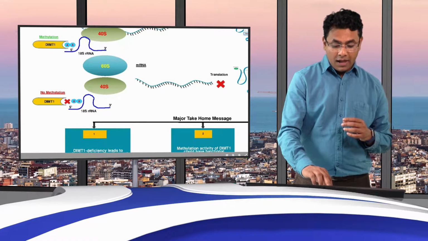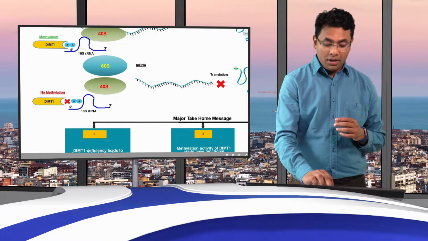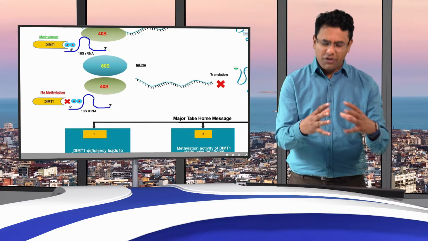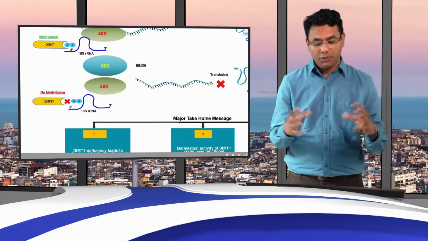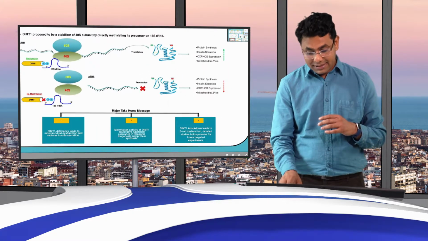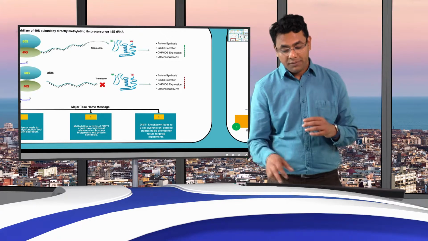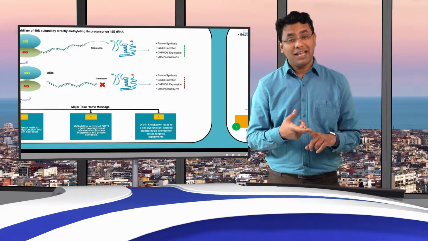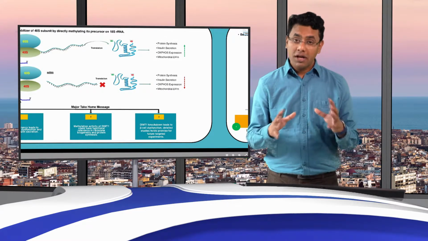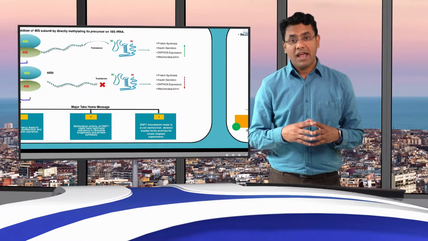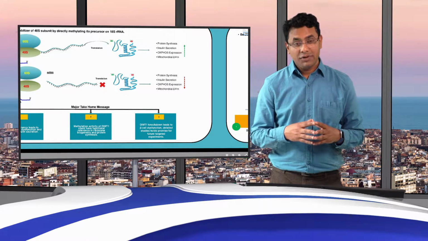So there could be a probable destabilization of this subunit that can interfere with the interaction of the 40S and the 60S subunits, and that could lead to the perturbation of protein synthesis, and we can have the final phenotype: decreased protein synthesis, decreased insulin secretion, altered OXPHOS expression and the dissipated membrane potential that we have observed in our results.